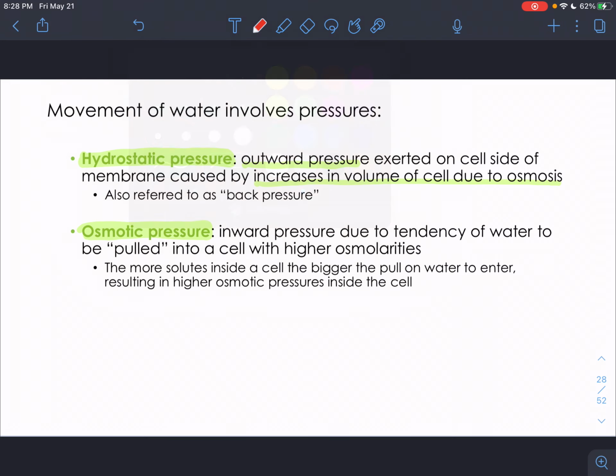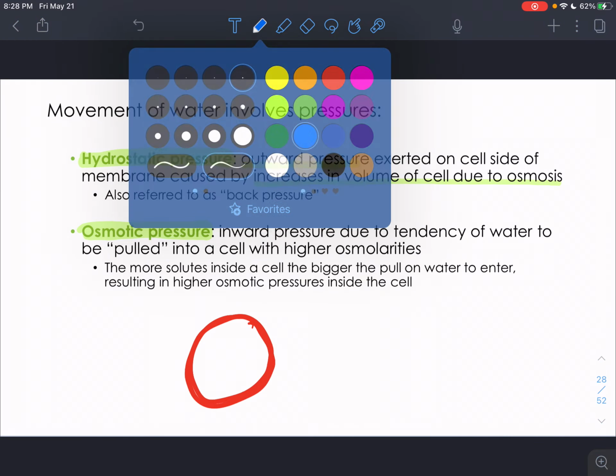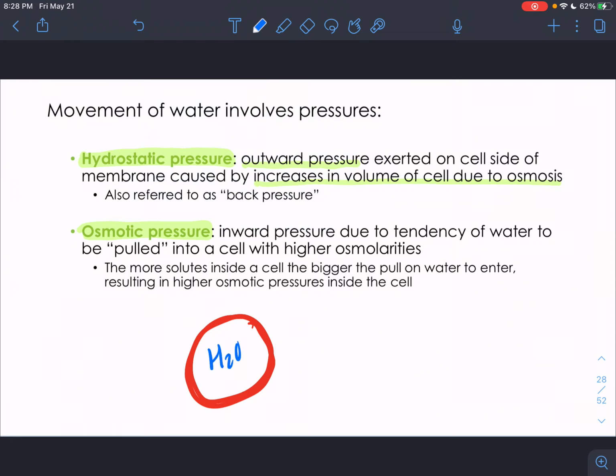If we have a cell that has a bunch of water in it, the water is going to push onto the outside of the cell. Especially if we get more and more water, the hydrostatic pressure is going to increase because the water wants to leave the cell, because the cell can only hold so much.